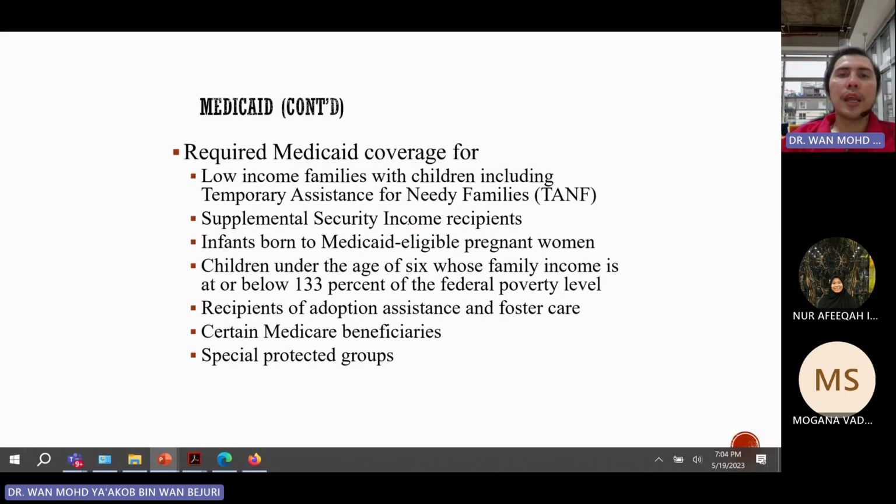So children under the age of 6 weeks whose family income is at or below 130% of the federal poverty level, recipients of adoption assistance and foster care, certain Medicare beneficiaries and special protected groups.